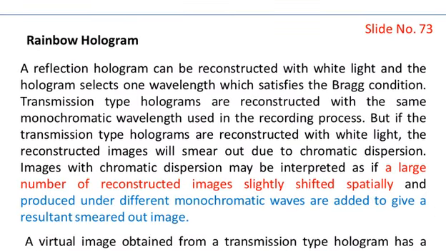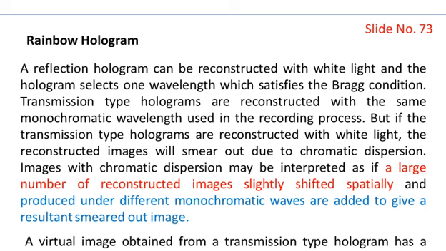A rainbow hologram. A reflection hologram can be constructed with white light, and the hologram selects one wavelength which satisfies the Bragg condition. Transmission type holograms are reconstructed with the same monochromatic wavelength used in the recording process.